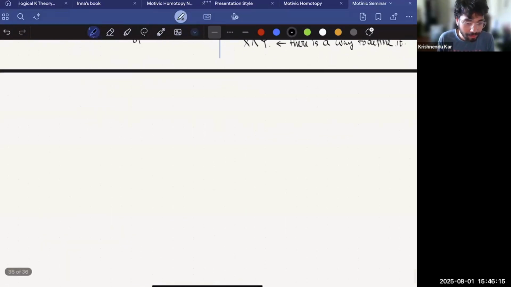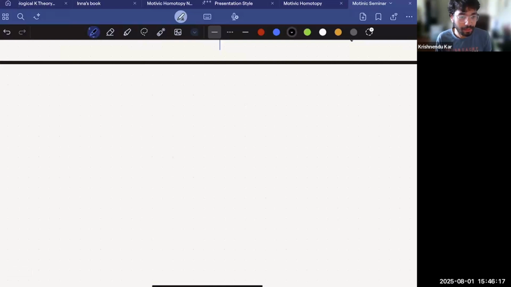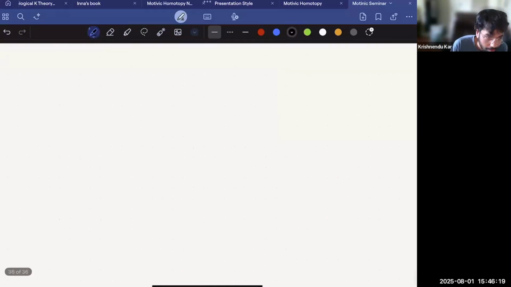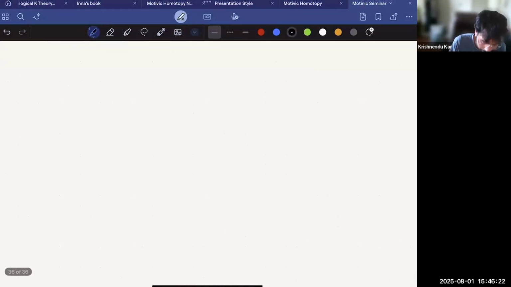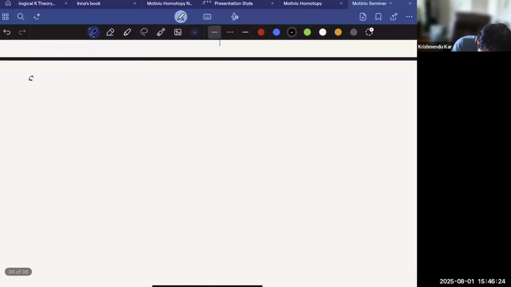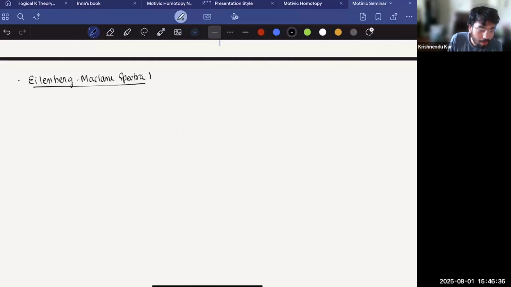Let's talk about a few quick examples, and then we can talk about its homotopy category. The first example is your Eilenberg-MacLane spectra. We all know about Eilenberg-MacLane spaces, K(A,n), right? The nth homotopy group is your A, and the rest of the homotopy groups are 0.